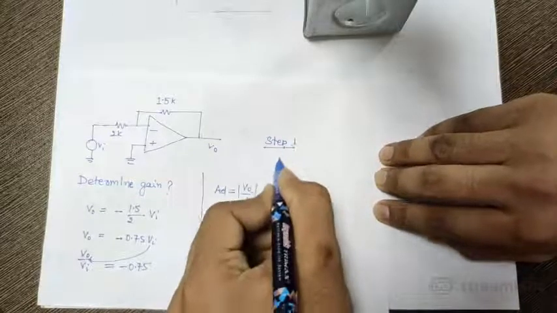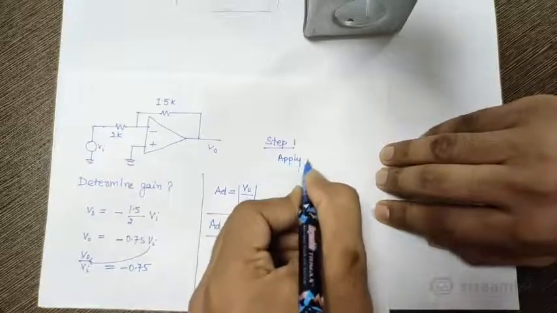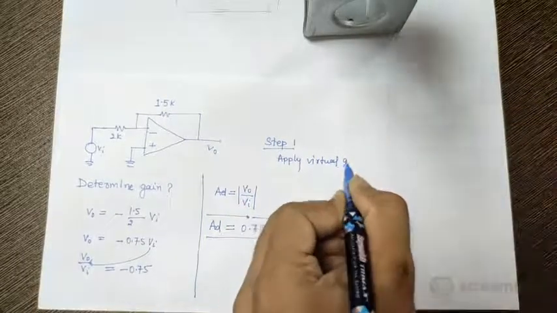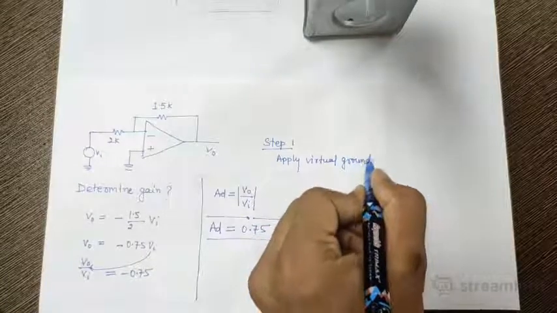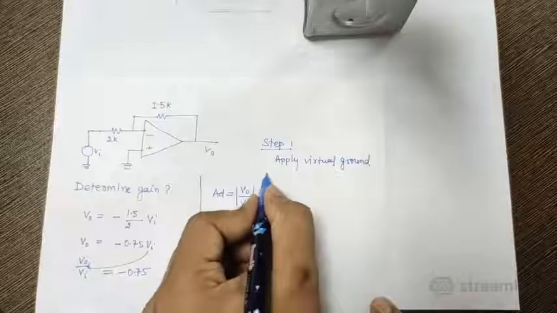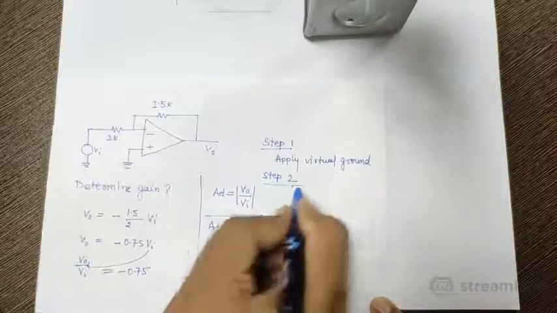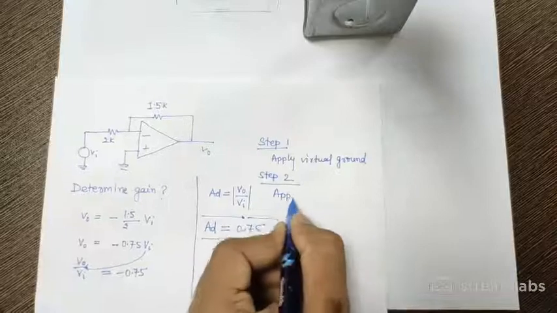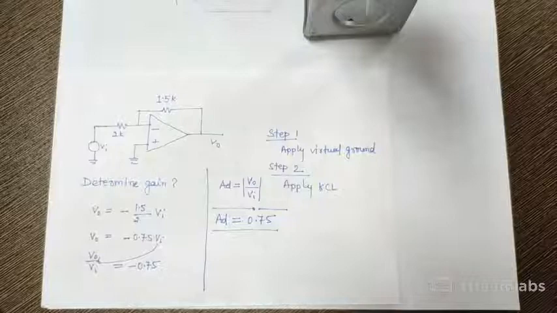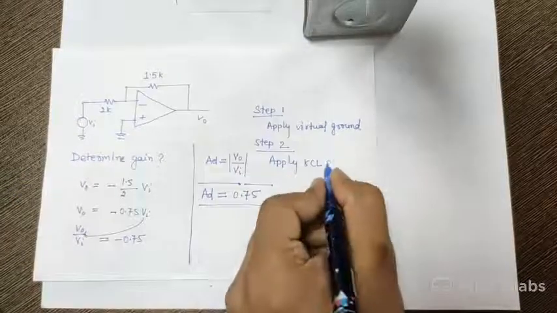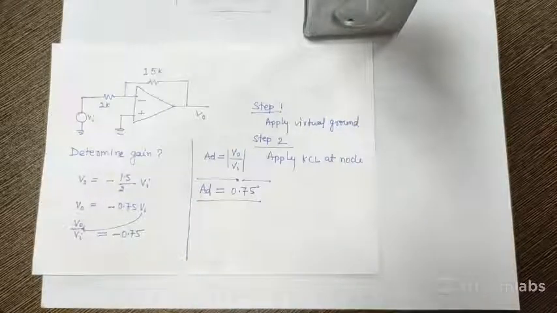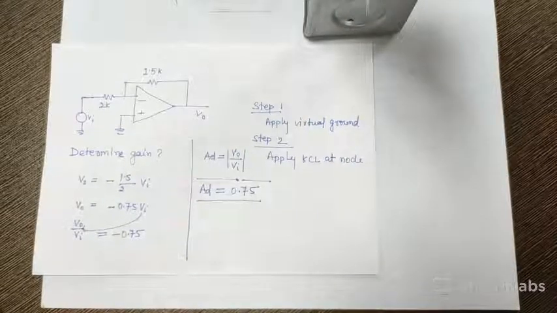First step is to apply the virtual ground concept. And second step, step 2, is to apply KCL at the node, and just in these two steps you will get the output.